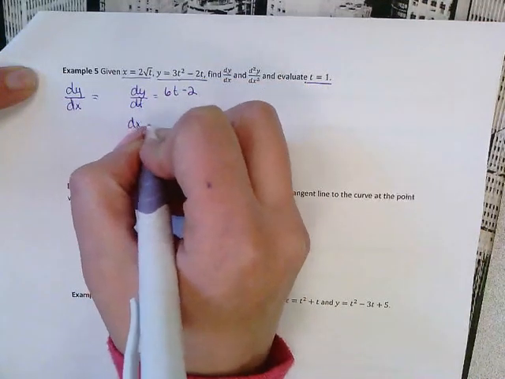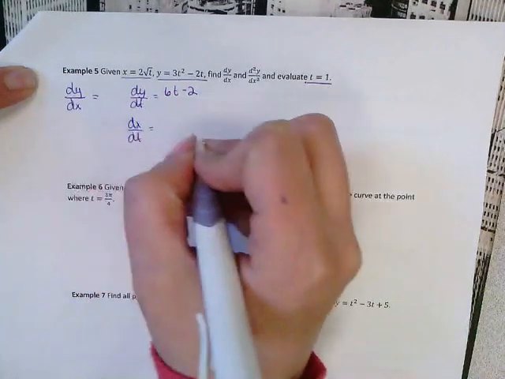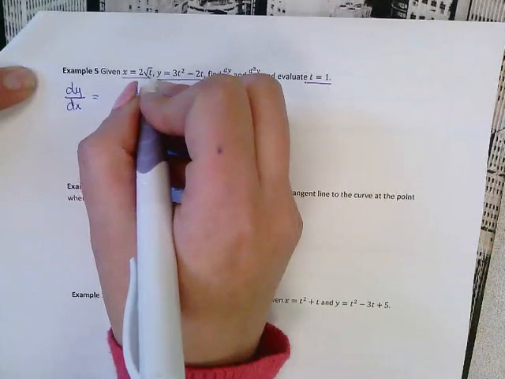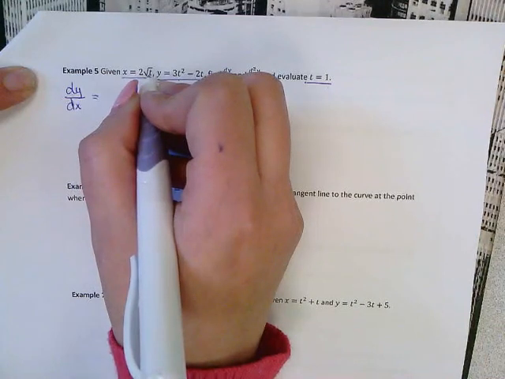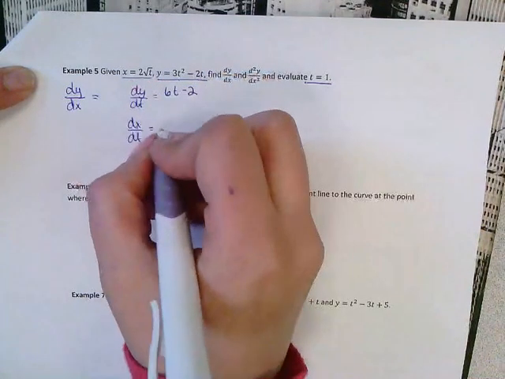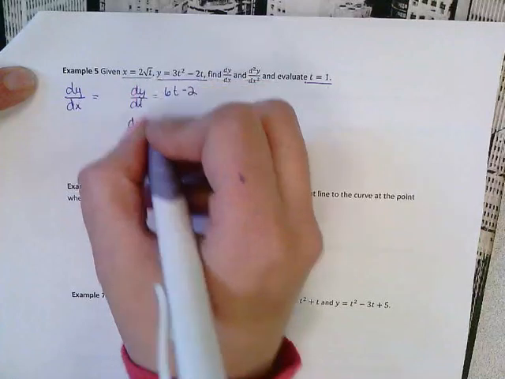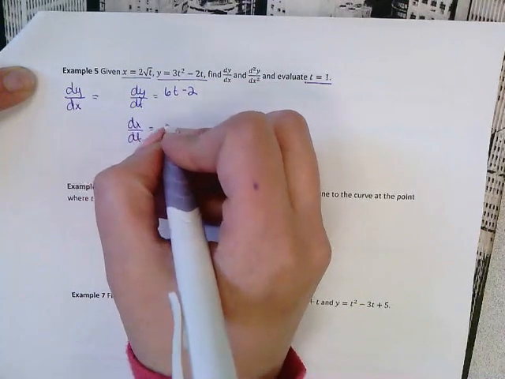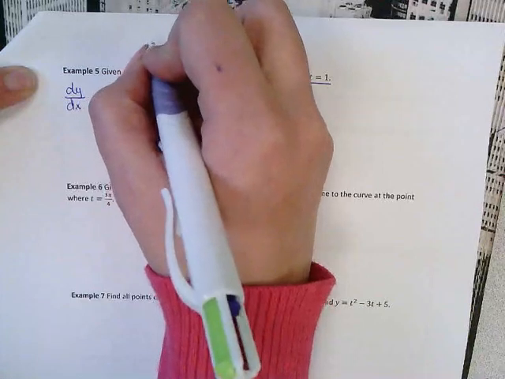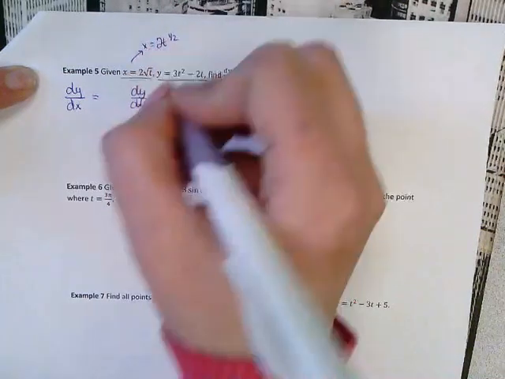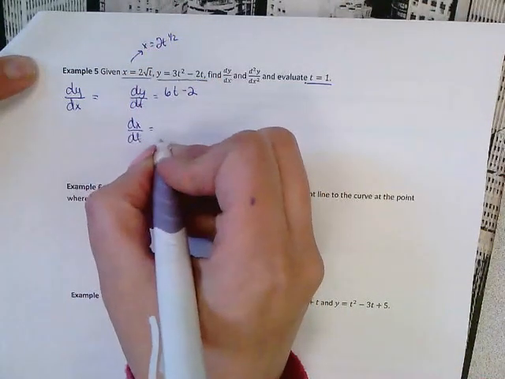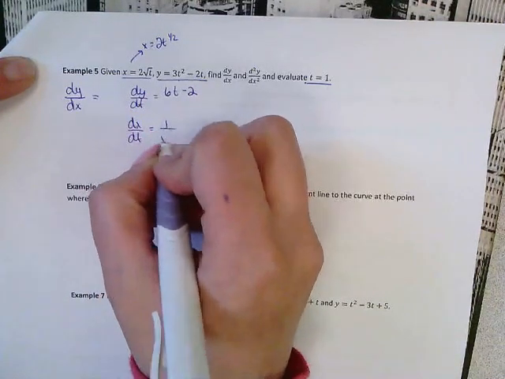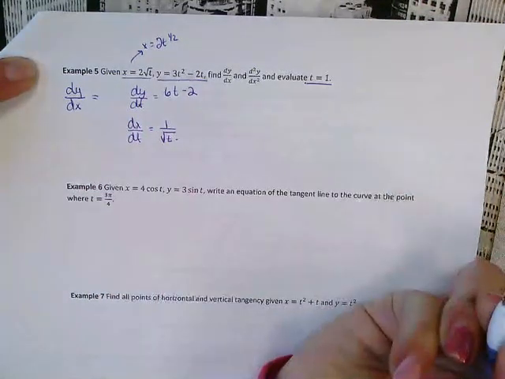Now what is dx dt? It's going to be the derivative of this equation. I probably should have done some side work, but if I rewrite this as x equals 2t to the 1/2, you bring down the half and subtract 1, so this becomes 1 over the square root of t.